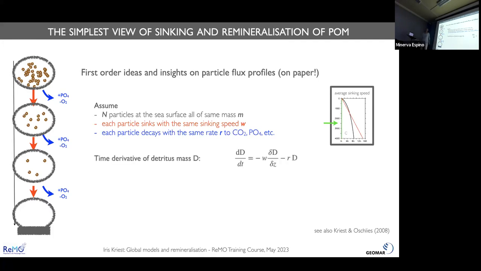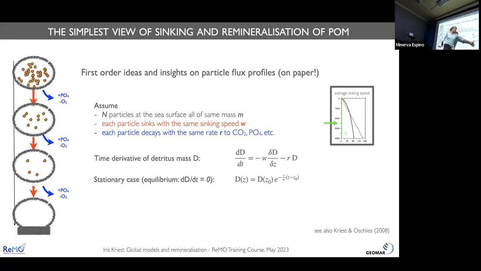So again, we have a little time derivative of the detritus mass, and we can then assume that in the long-term equilibrium case, this term on the left-hand side is 0, so there's no change. It's comparable to a chemostat. And in that case, we can simply solve the right-hand side here analytically over depth.